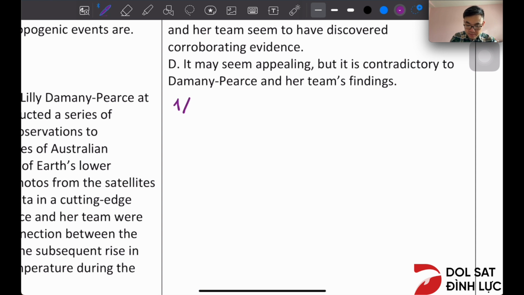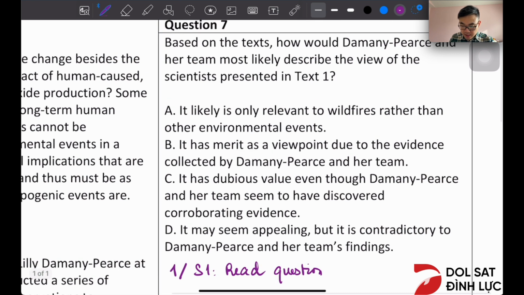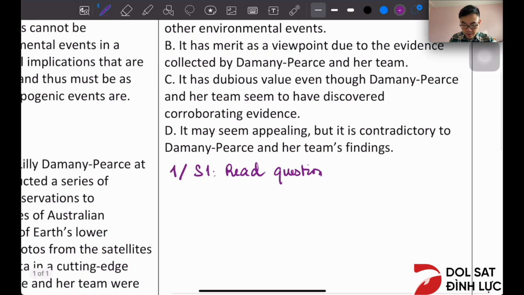First step, read the question. Now, when you read the question, you will try to pick out the important keywords, including the individuals mentioned in the question or the idea, etc. mentioned in the question, right?